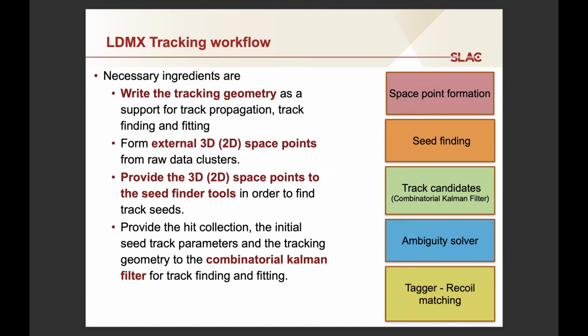We have space point formation, seed finding, then track candidate formation using a combinatorial Kalman filter. We run an ambiguity solver, well, not really, because we have a single track at the moment, and then we try to match tagger and recoil tracklets in order to have a full track, or, for example, estimate the direction of the photon emitted in the target by checking the angles between the target and the recoil tracklets.